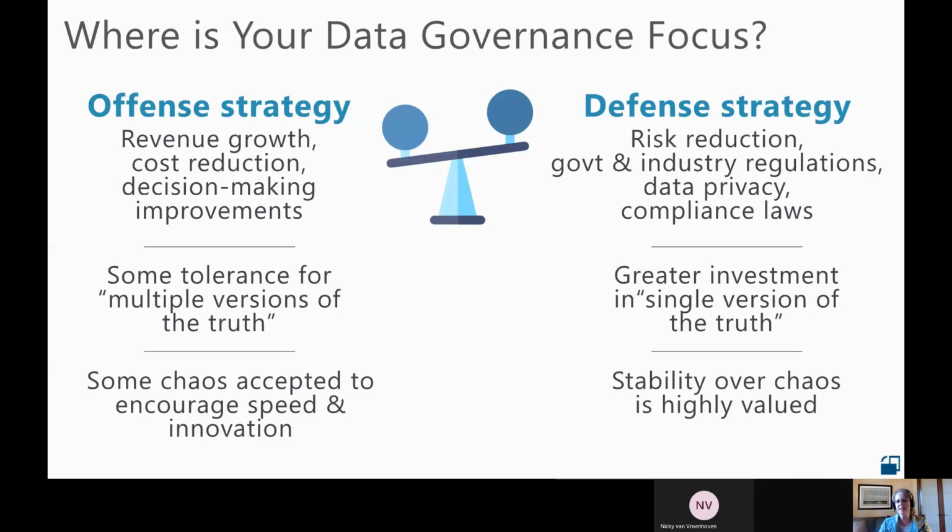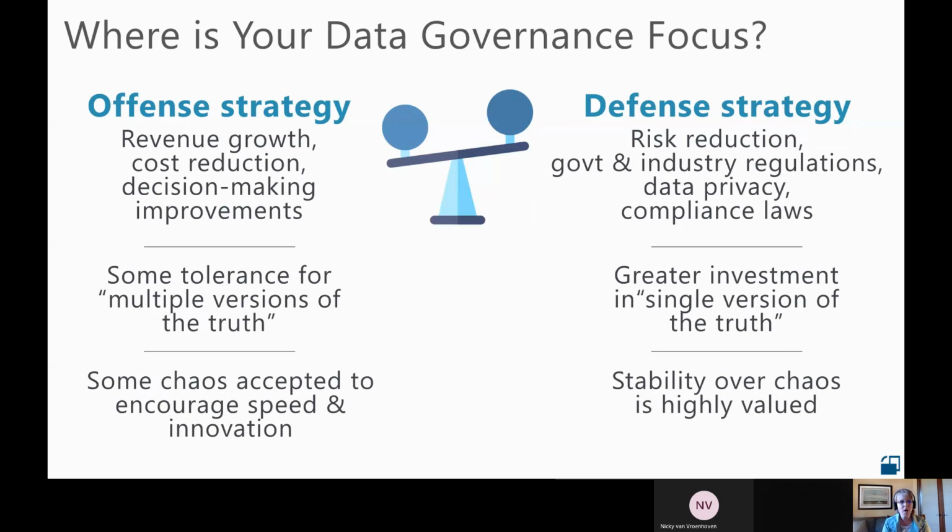And so where this comes in is, depending on your focus, your level of tolerance for some things differs. On the right, we have a very, very high value on a single version of truth. So that notion of a shared data set I was just talking about, right? And stability, as opposed to if we are over on the left side, we might be able to tolerate a little more chaos.